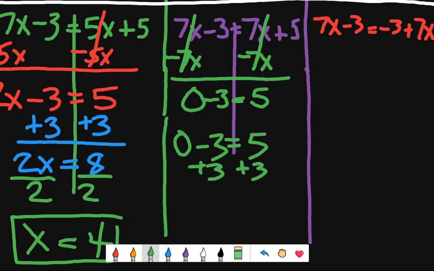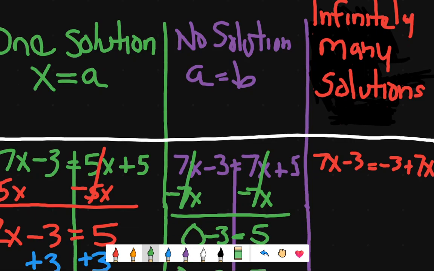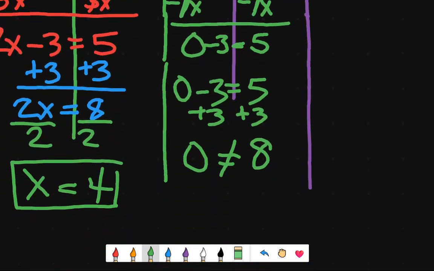And what we have, for our final answer, is 0 is equal to 8. Now, question, is 0 equal to 8? No, 0 is not equal to 8. So we'll just put in here 0 is not equal to 8. This actually is what is a no solution, because A is not equal to B. In this case, 0 is not equal to 8. So this is no solution.